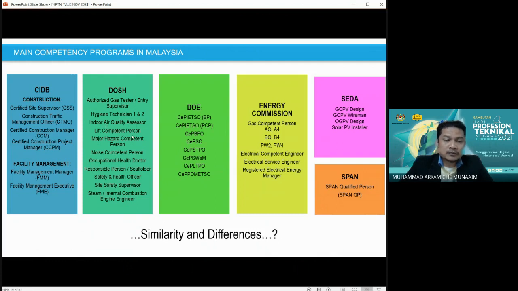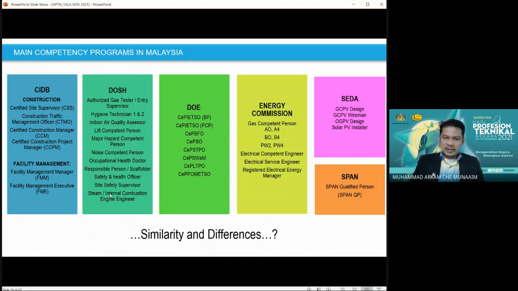You can Google this from the DOSH website. Major hazard competent person, noise competent person, occupational health doctor, responsible person, scaffolder, safety and health officer, very frequently met on our construction site. Safety site supervisor, of course, we will frequently meet on site.